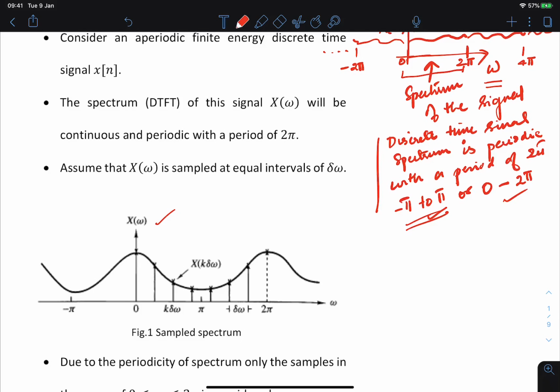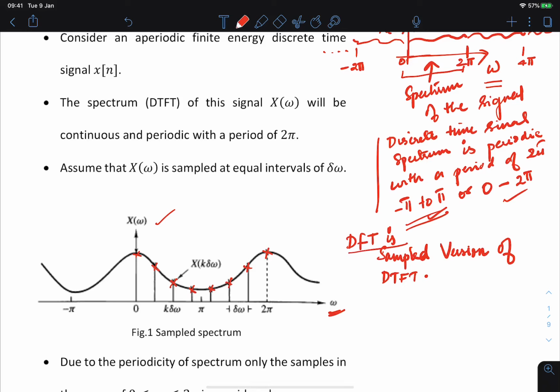In order for the computer to process, we will be sampling this in the frequency domain. That is, sampling in the frequency domain will give you the DFT samples. That is, the DFT is just the sampled version of the DTFT.